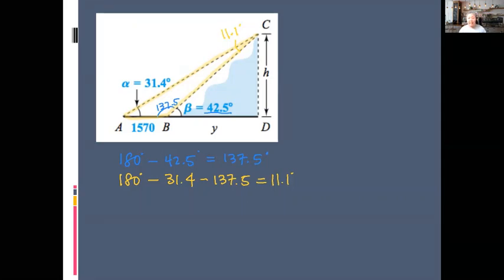But what is the purpose of finding the third angle of the yellow highlighted triangle? Because it makes it possible for us to utilize law of sine. As you see, the angle measure 11.1 is opposite the side measure given here, 1570.